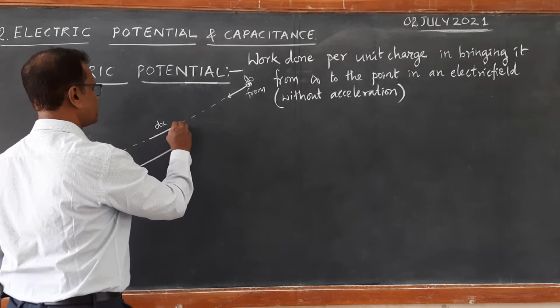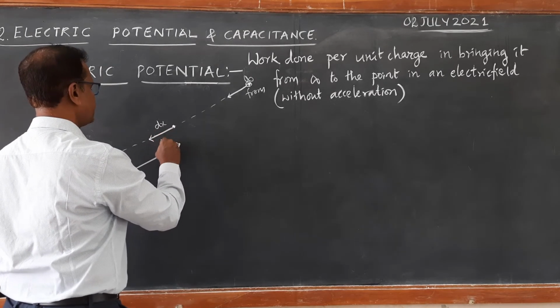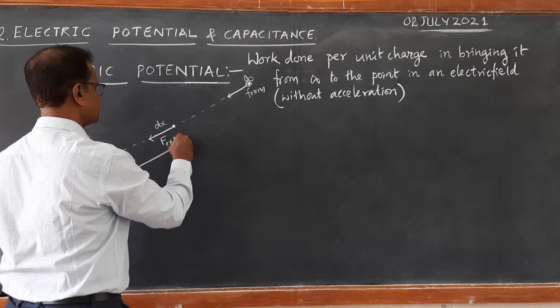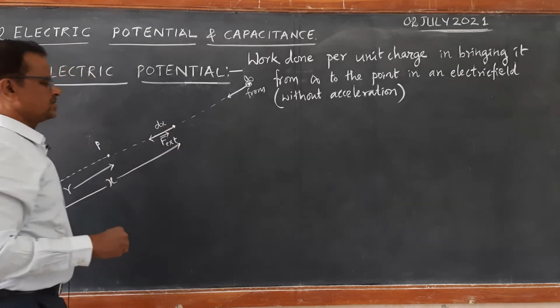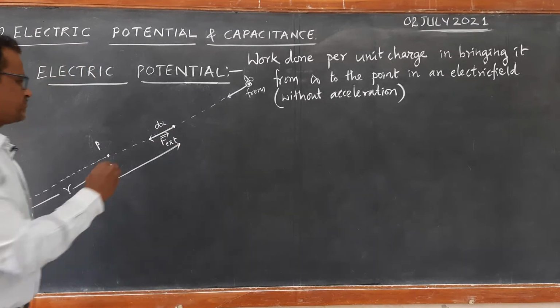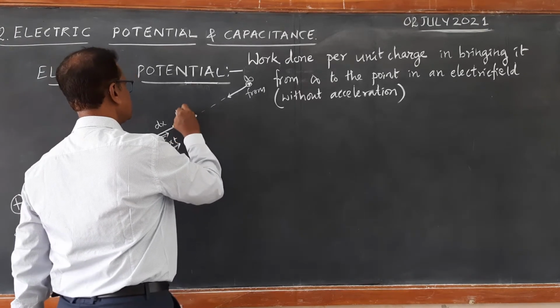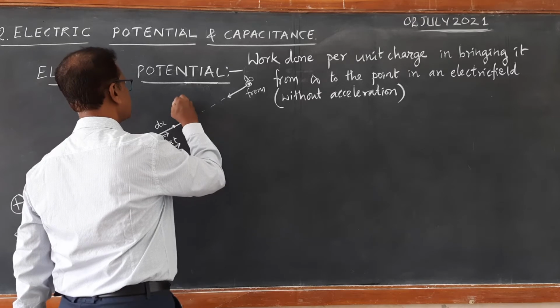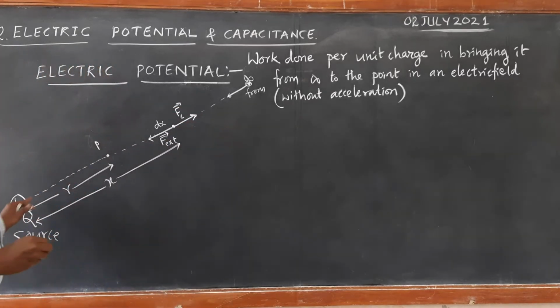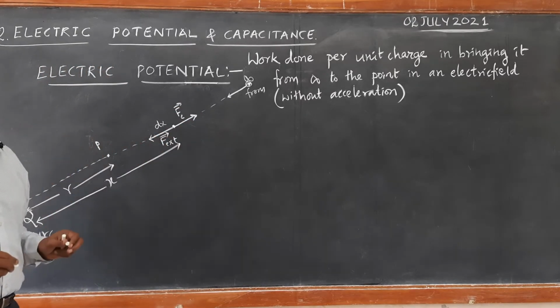So, the amount of force exerted is F external. How much should it be? This F external must be exactly equal and opposite to F electrostatic, that is, the electrostatic force of repulsion at this particular point.